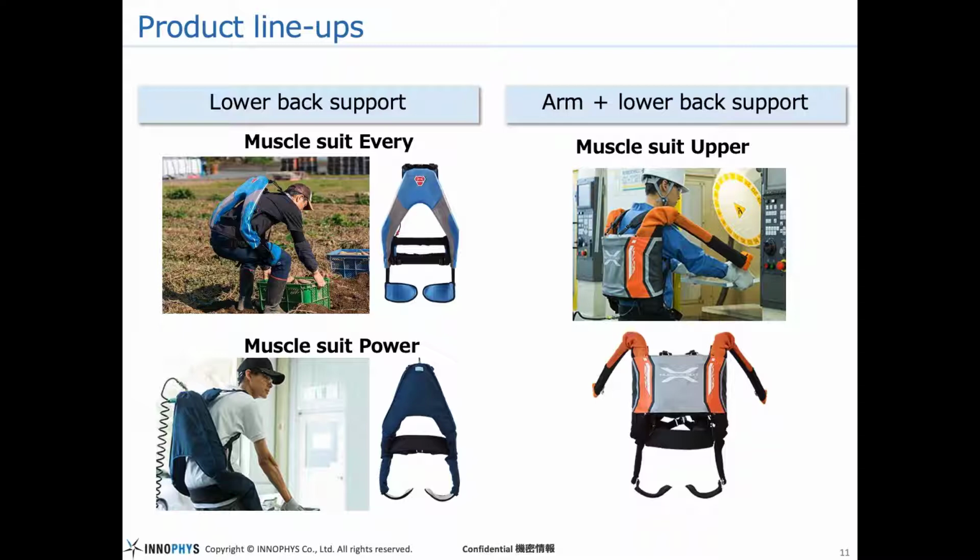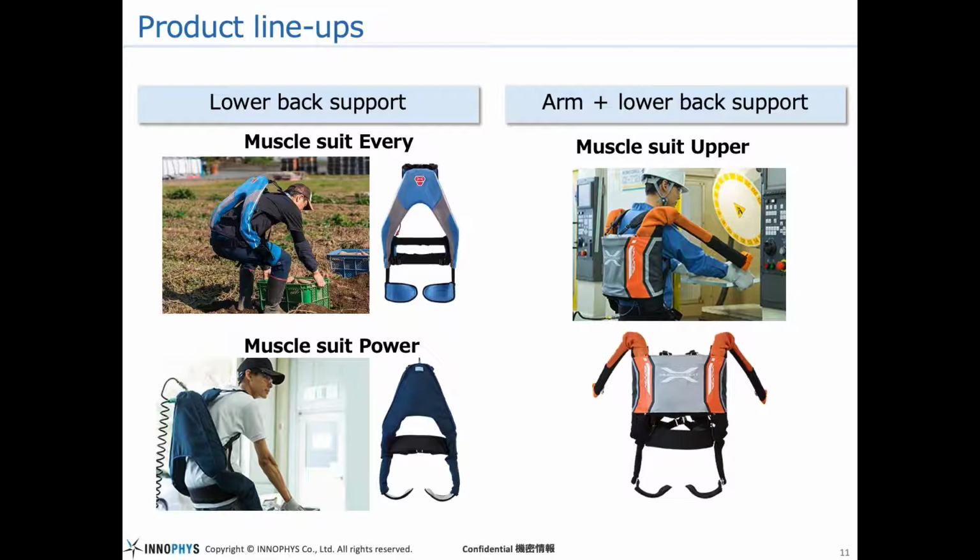And for arm and lower back support, Muscle Suit Upper is also an active type. It requires a power air supply when you use it. I will talk more about Muscle Suit Every later. So I will briefly talk about Muscle Suit Power and Upper.